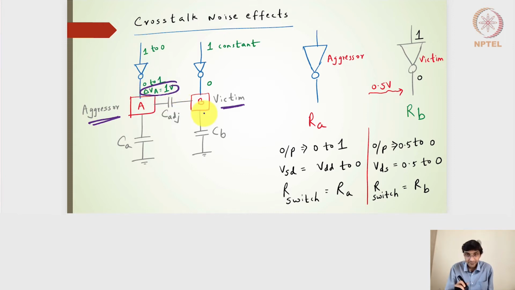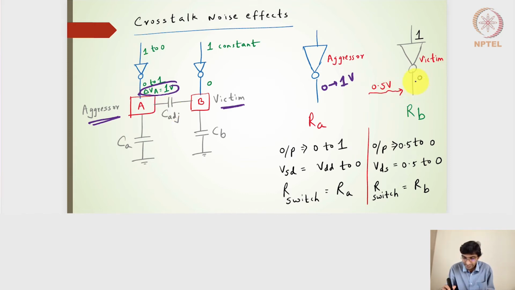Because of the coupling effect, the change here in 0 to 1 volt, let's say that it is getting 0.5 volts. I'm just assuming some particular voltage, and I'm saying that because it's a change of 1 volt, and C adjacent and CB are everything the same, the maximum change in the voltage with respect to the wire B will be 0.5.